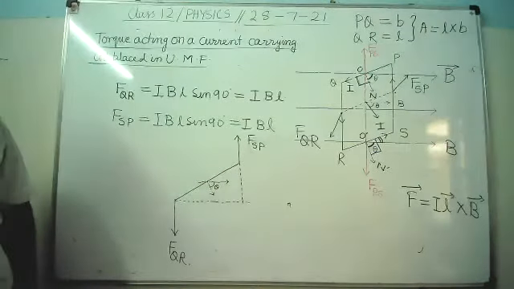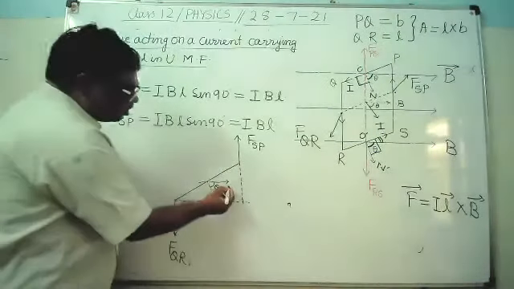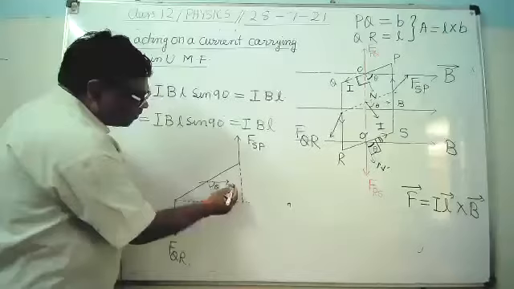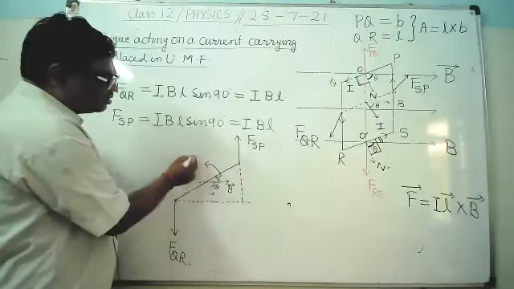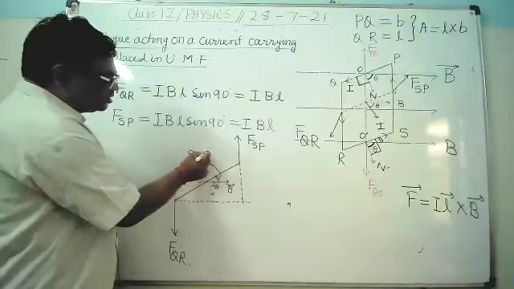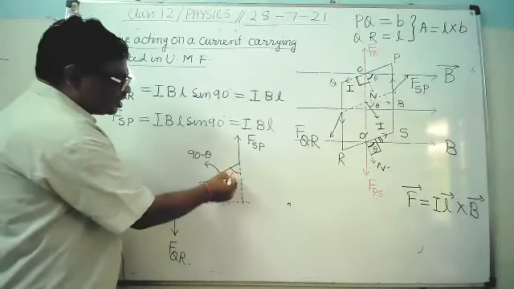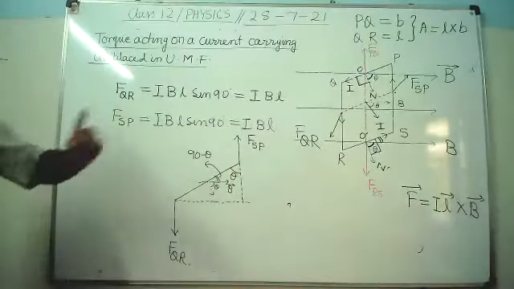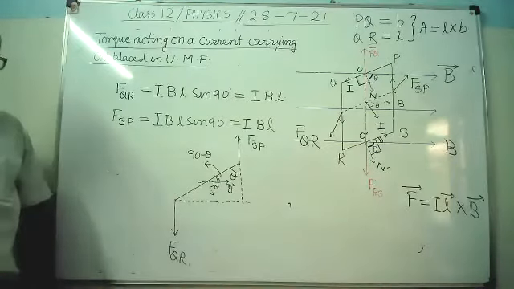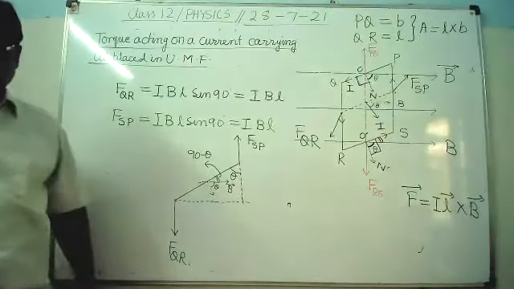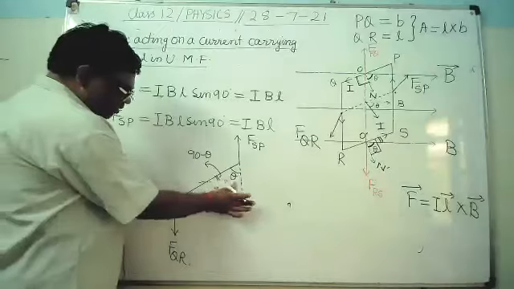This angle is theta, so this will be 90 minus theta, and this is 90 minus theta. So this angle will become theta. Straightforward, we will remember that this angle will be theta.